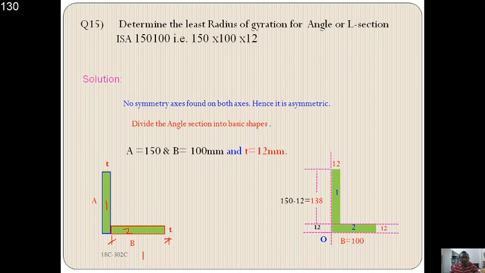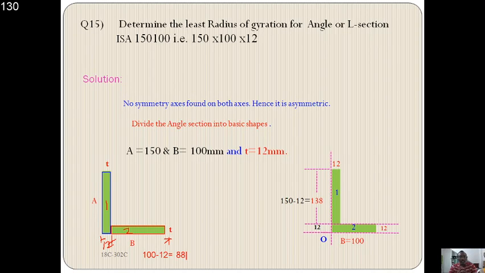Therefore 100 minus 12, the thickness. Here the thickness is 12, so that has to be subtracted. Therefore this will become 88.